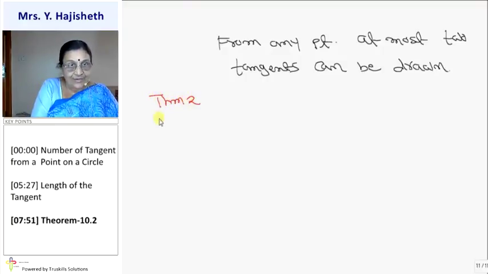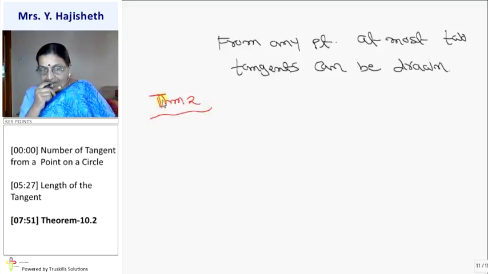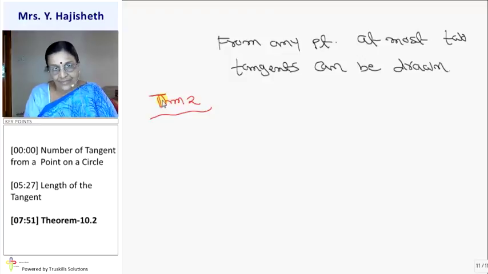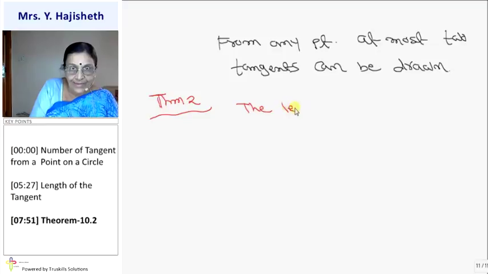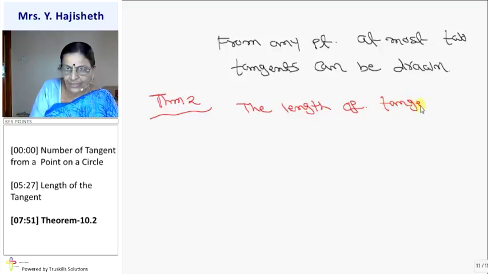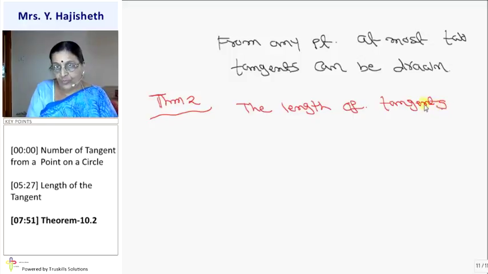There is another theorem based on the length of the tangent drawn from outside of the circle. From a point lying outside of the circle. So theorem 2 says, it is also about tangents: the length of tangents. मैंने बोल तो दिया आपको कि length of tangents are equal. Now we are not accepting it without proof.